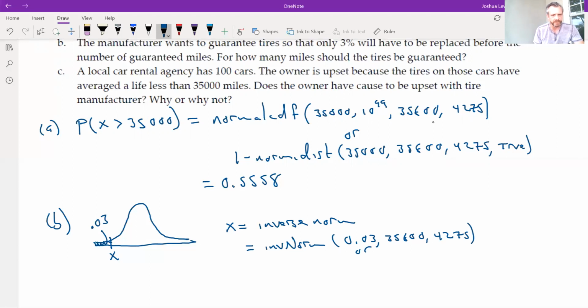Or if you are using Excel, norm.inverse 0.03, 35,600, 4275.